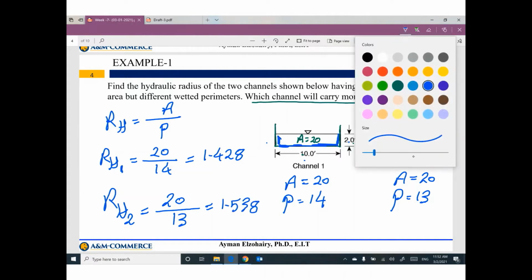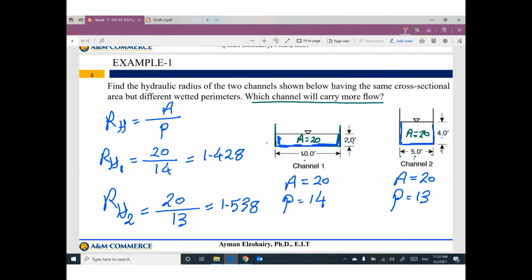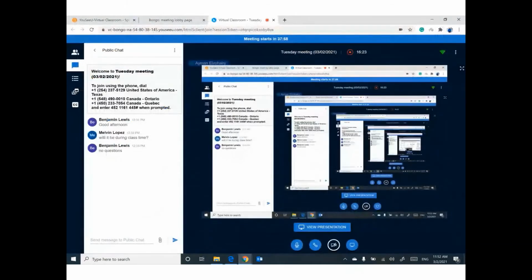The greater the value of hydraulic radius, the more efficient. So this one will be more efficient. This one will carry more flow. This one will be better than this one. Any question? Looks good.